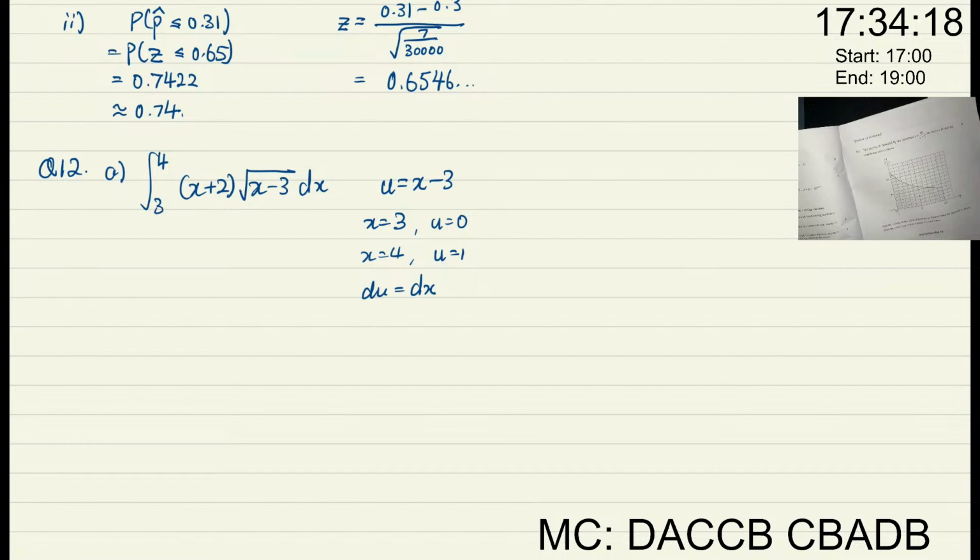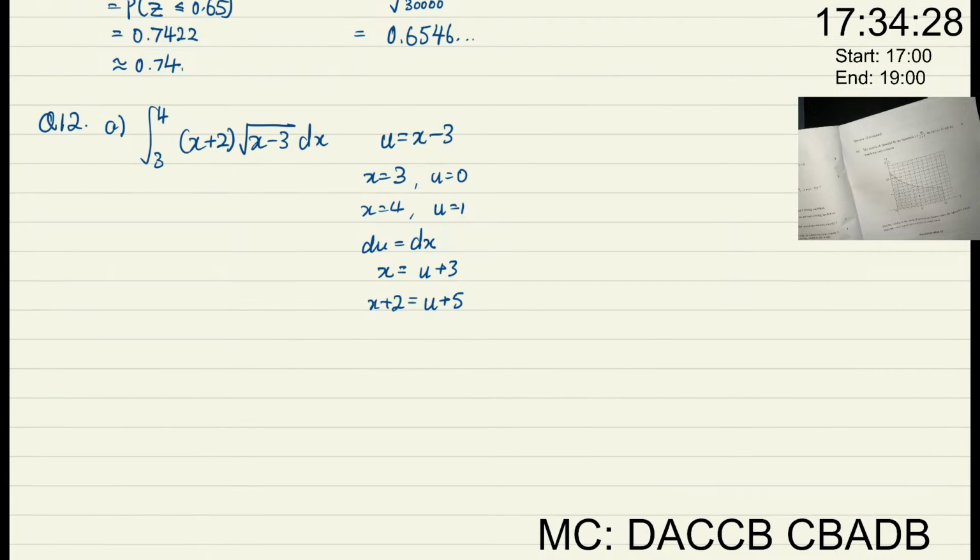We've also got x plus 2, so let's quickly go x equals u plus 3, and x plus 2 equals u plus 5. I can add things to both sides, go me. So we got 0 to 1, and we got x plus 2, which is u plus 5, root u du.